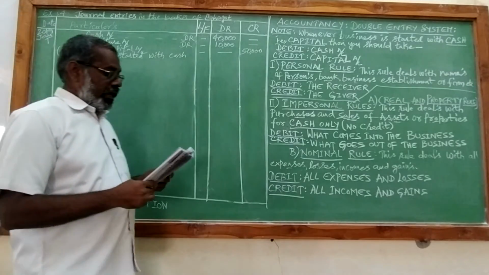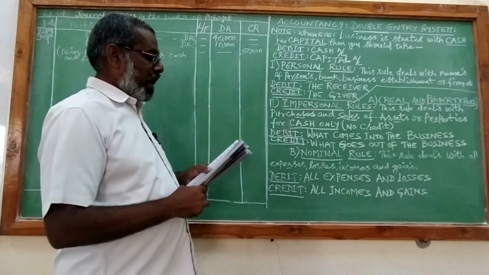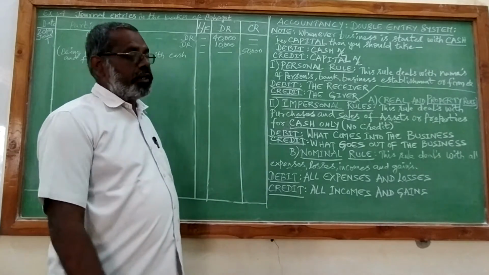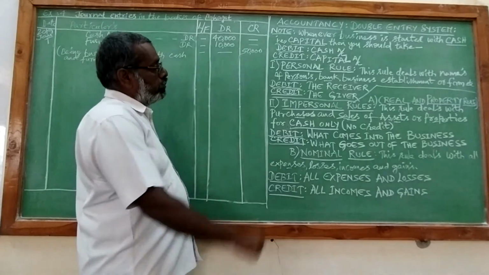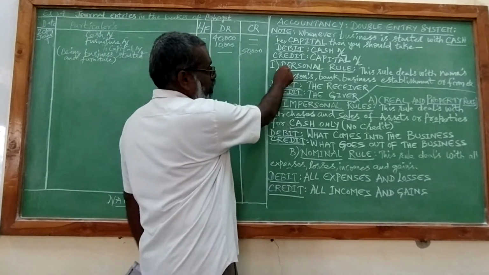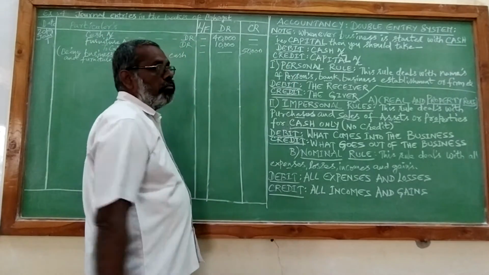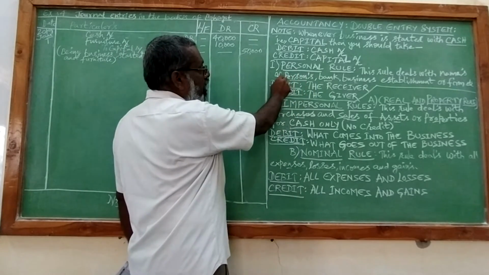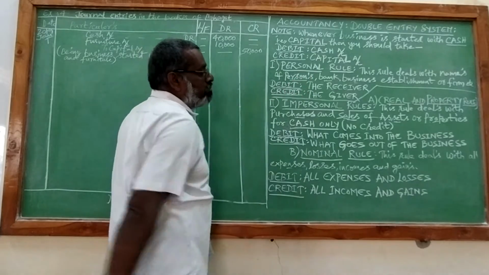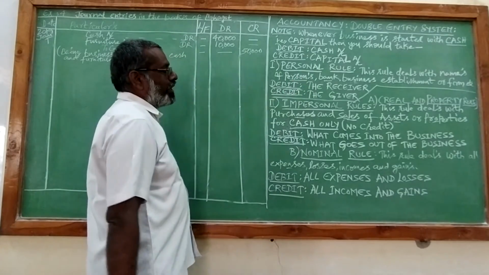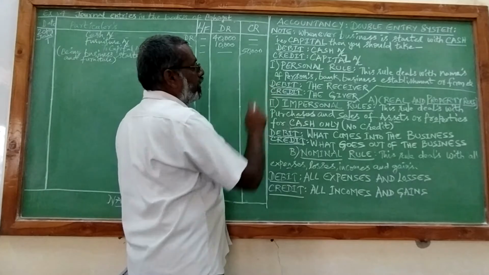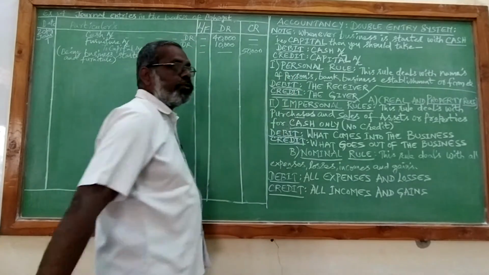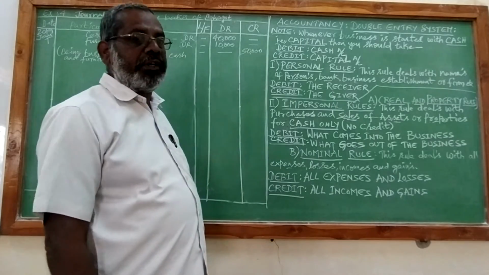The next transaction is January 2nd, sold goods to Suchitra. Here a name has come, so this transaction will be dealt with the personal rule, because in the formulae I have written that this rule deals with names of persons, banks, business establishments or firms, etc. Sold goods to Suchitra means it is the name of a person, and we are selling on credit.